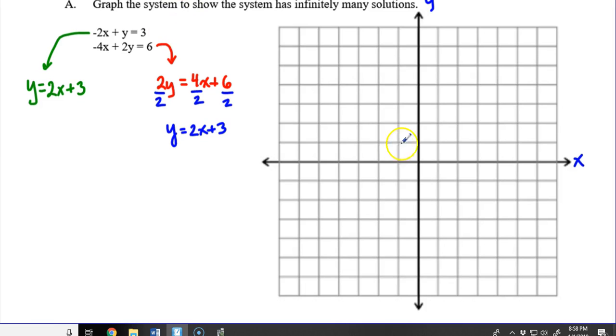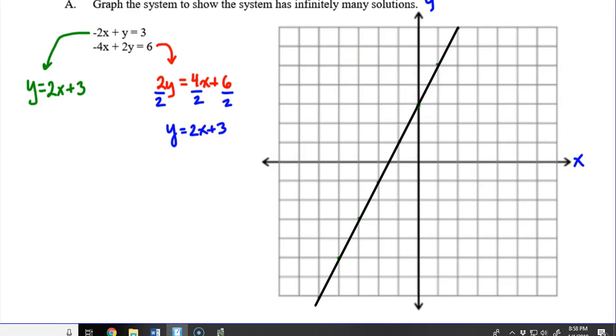Okay, so hopefully this is starting to come back to you, right? Making graphs. Green one, I've got a slope of 2, y-intercept of 3, up to the positive slope this time, right? Go ahead and make that line. Now the thing about the second equation is it's the same line, right?